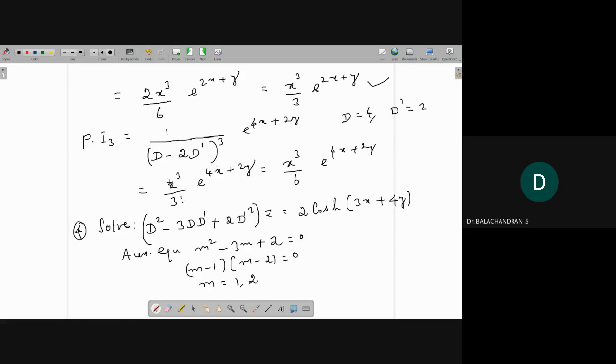So this should be equal to x power r by r factorial, 3 factorial, into the right hand side function. So x cube by 6 into the right hand side function. This is PI3. The general solution you should write: z equal to CF plus PI1 plus PI2 plus PI3.